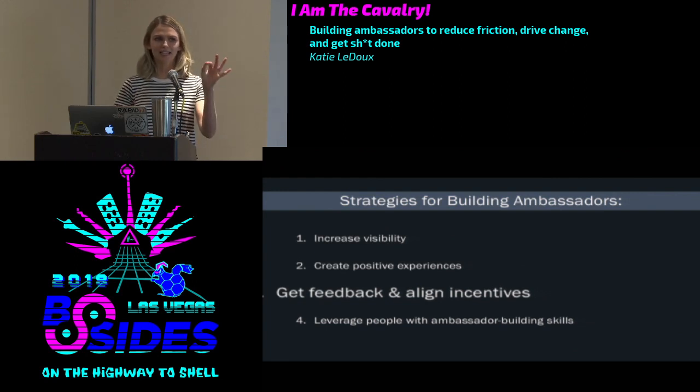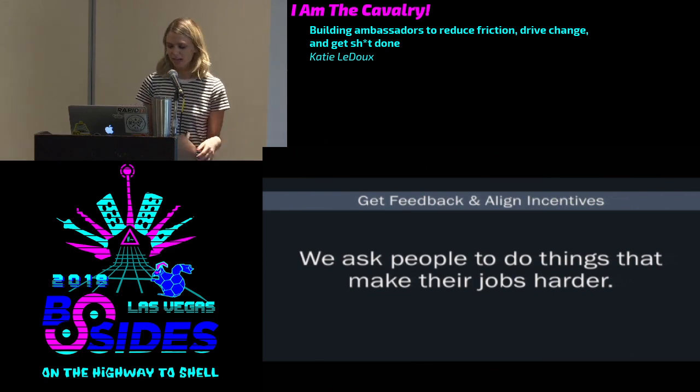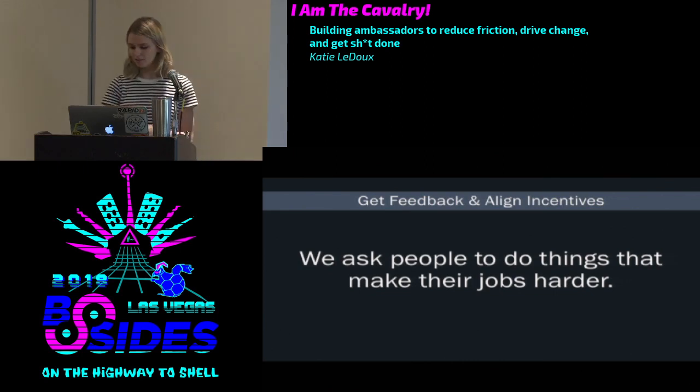And I actually think that implementing an SDLC process is kind of a perfect case study to dive into there. I'm going to write that one down because I wanted to write down people's ideas anyway. We always say we don't want to be the team of no, and we want to enable people. But we ask people to do things that make their jobs harder, that we ask them to take an extra step.